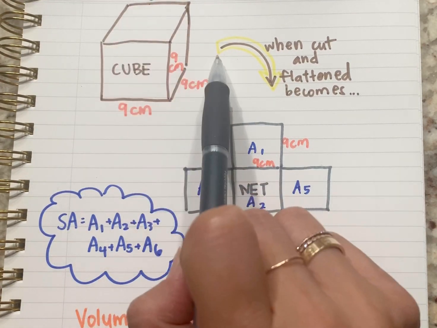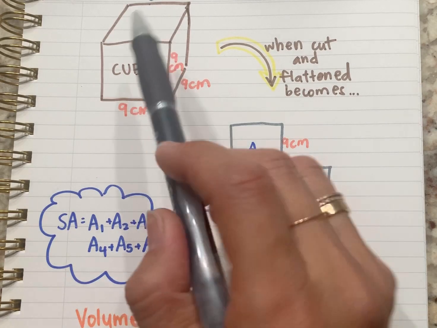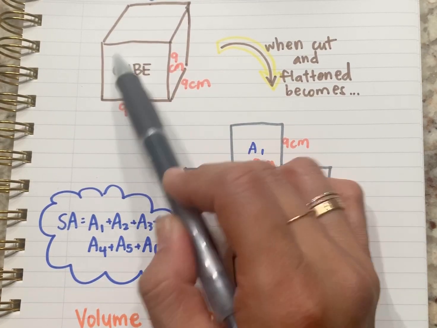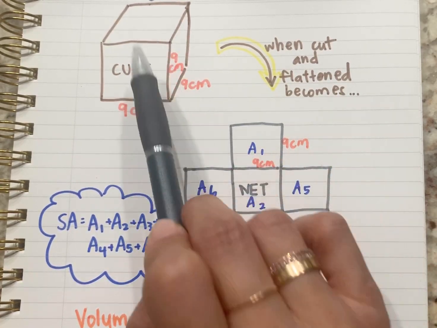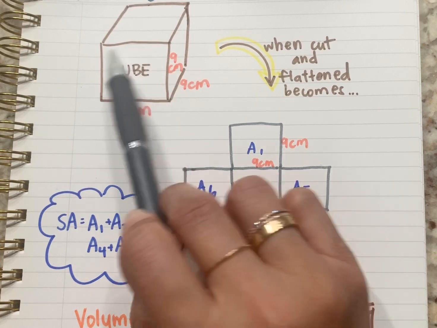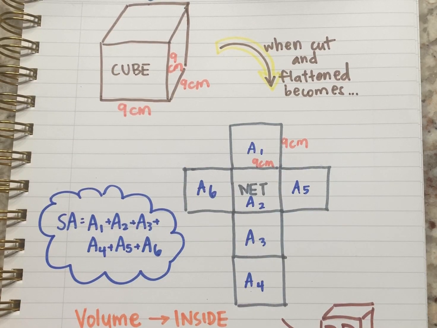In a cube and all quadrilateral prisms, there are 6 faces, right? This is what we call a face. That is an edge, but this is a face. And so here, this net represents the 6 faces. So we have 1, 2, 3, 4, 5, 6 faces.